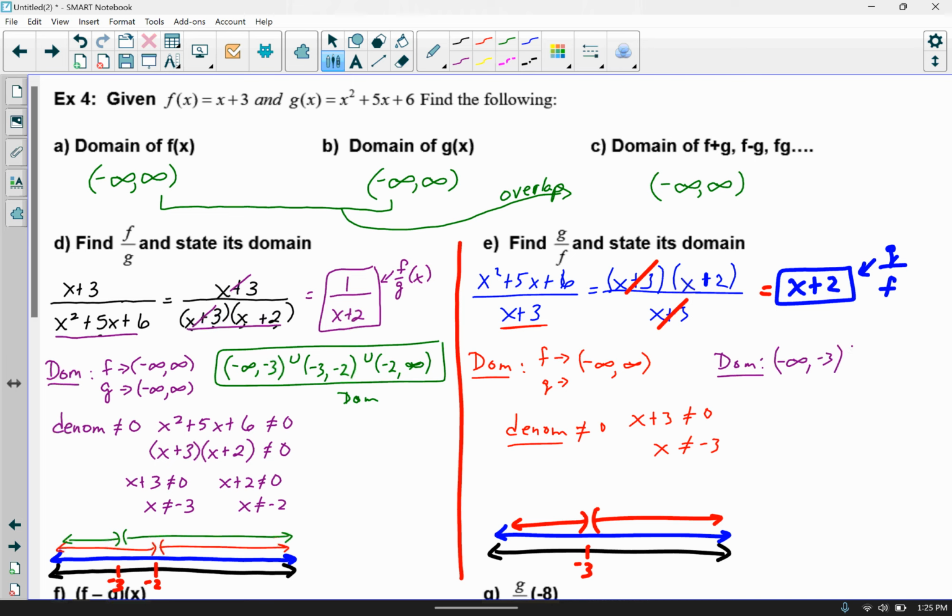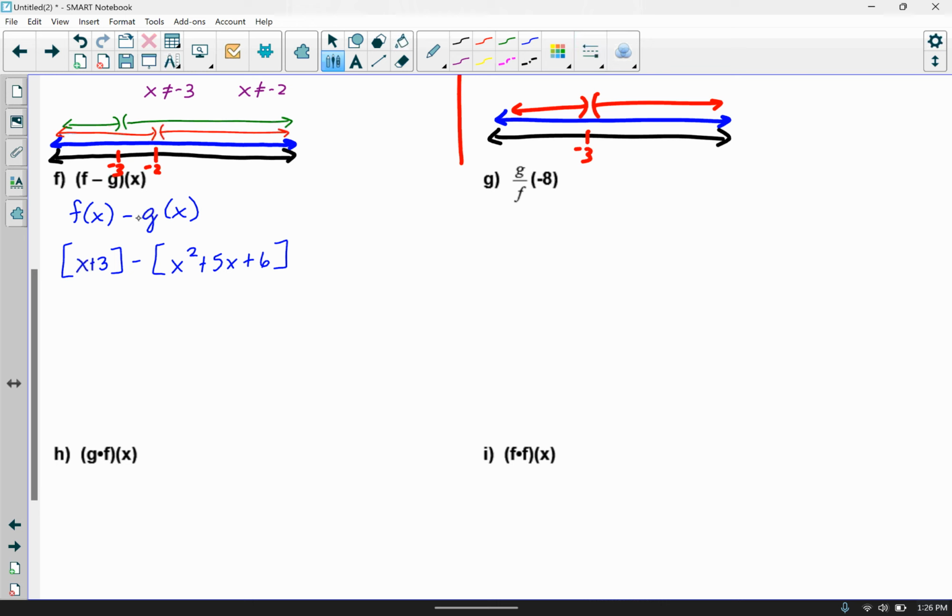It's really important that you use one or the other, especially when you're using subtraction, because remember that subtraction is like a -1 that needs to be distributed to every term in that second bracket. So I'm going to bring down the x plus 3 and take that -1 and distribute it through. So I have minus x squared minus 5x minus 6. Combine like terms, and I have negative x squared minus 4x minus 3. Final answer.